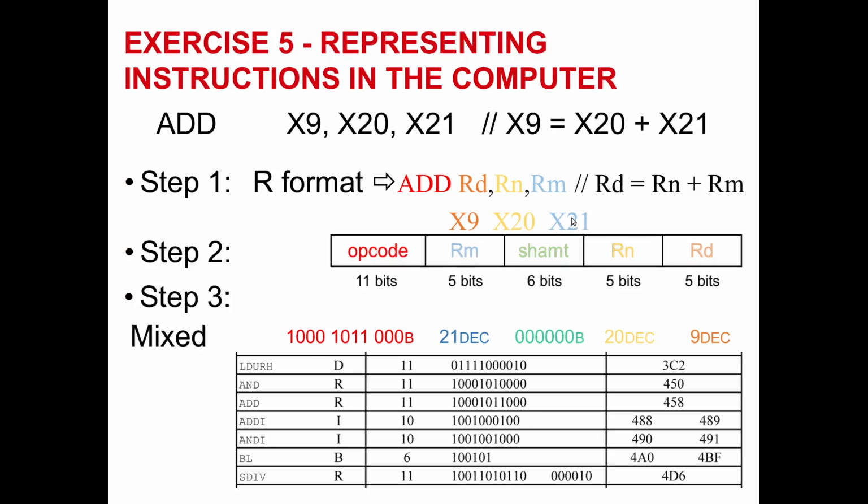RM, we know that RM here is X21, so 21 is located here. For this part, we just fill it with 0. For RN, we know it is 20, and so 20 will be located here in decimal format. And RD, here the value of RD is 9, and so here we have 9. So the machine code will be this binary value and this decimal value connected together.